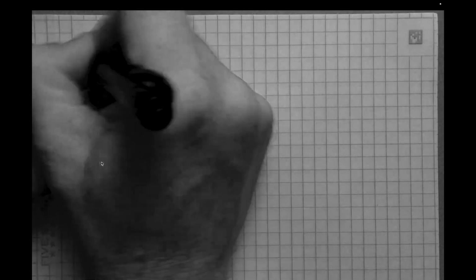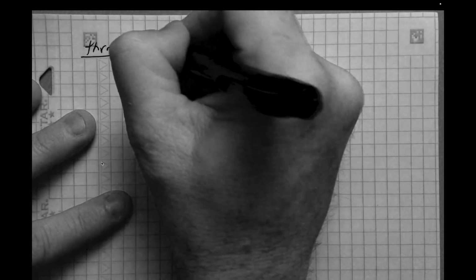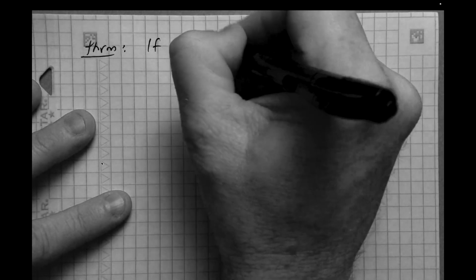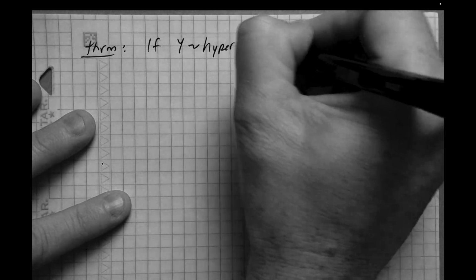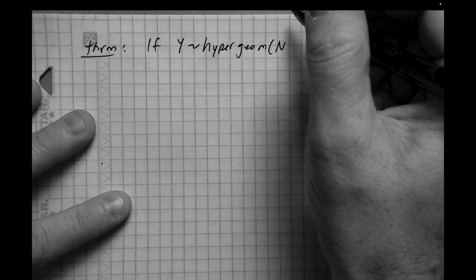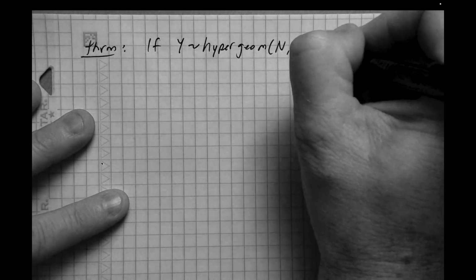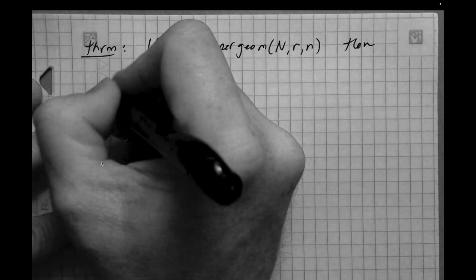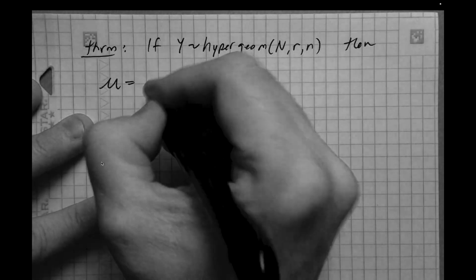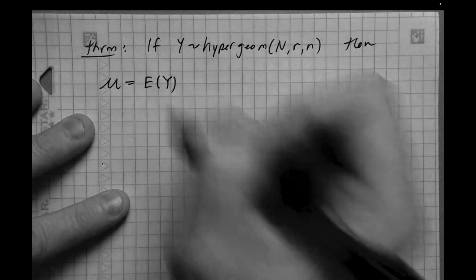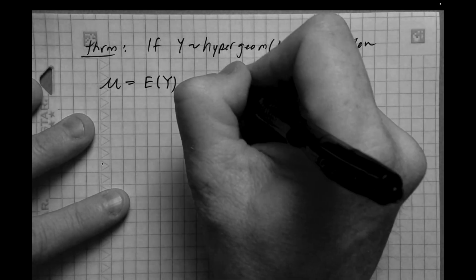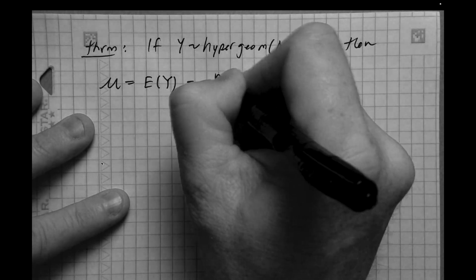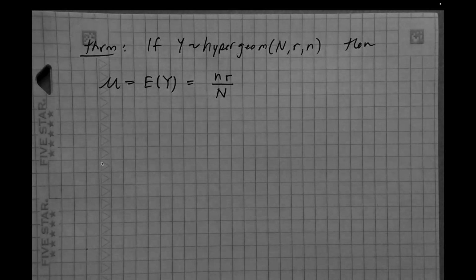Let's take a look at the mean and the variance of this thing. Okay, so theorem: if y is hypergeometric with parameters N, r, and little n, then the mean, the expected value of the random variable y, is equal to n times r divided by population N. That's interesting.